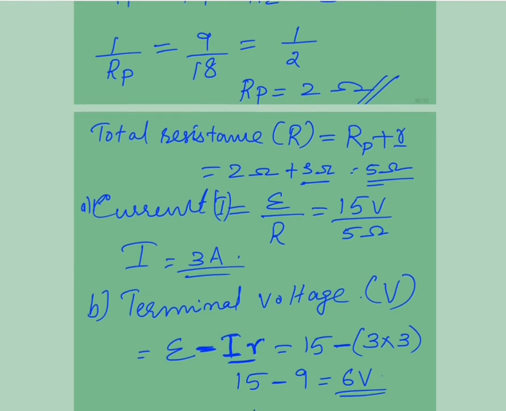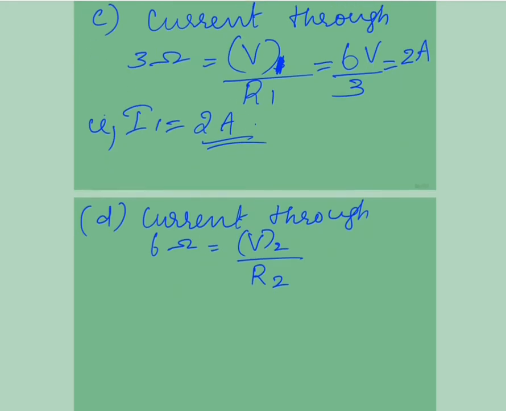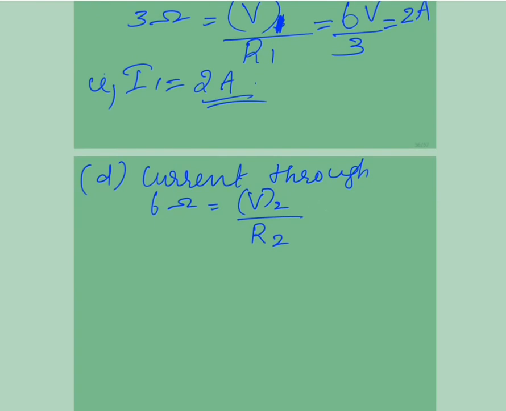Voltage across 6 ohm is same as terminal voltage, 6 volt, divided by resistance 6 ohm. So you got the answer as 1 ampere, that is I2 is 1 ampere, or current passing through the 6 ohm resistor is 1 ampere.